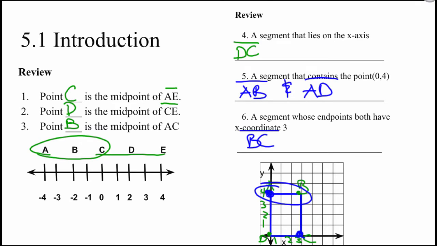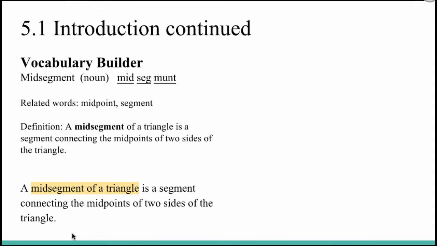Now, does everyone understand? I just want to point out the reason that DC did not is because the question specifically asked for the endpoints plural, and D is one of the endpoints, and it does not have an x-coordinate of 3. Everyone got this?